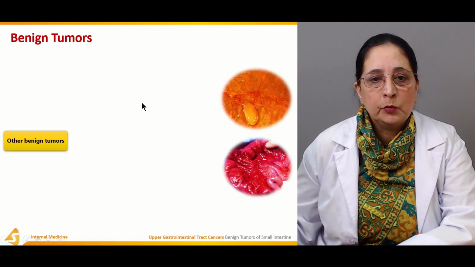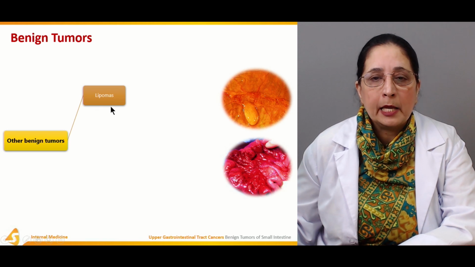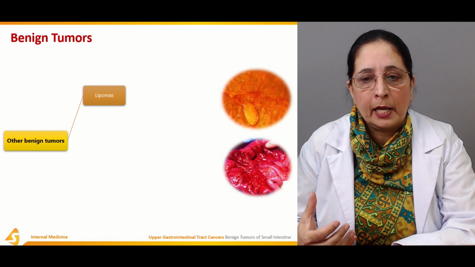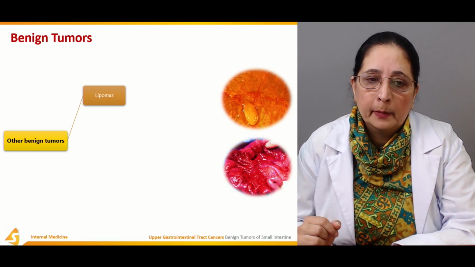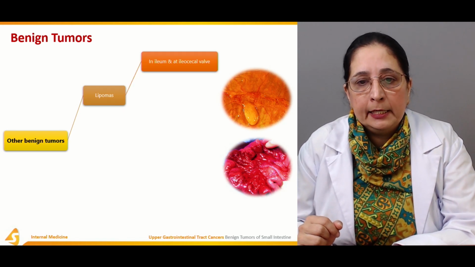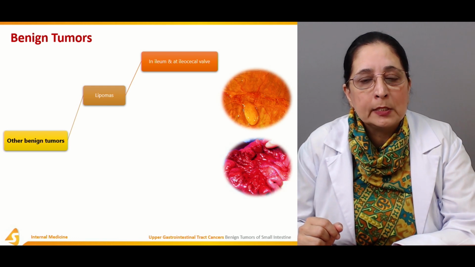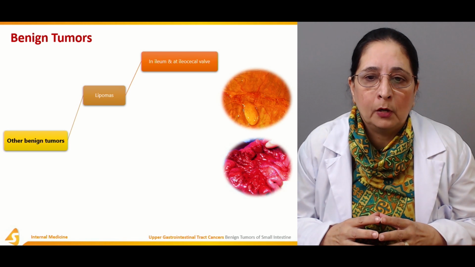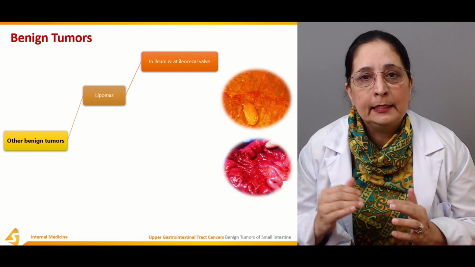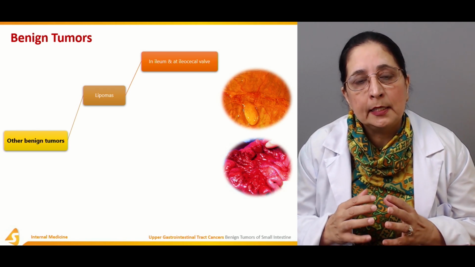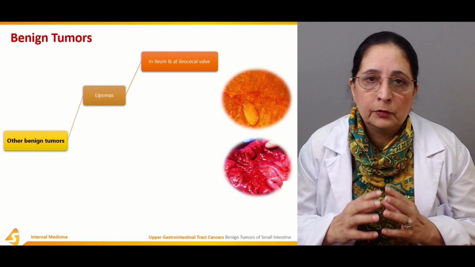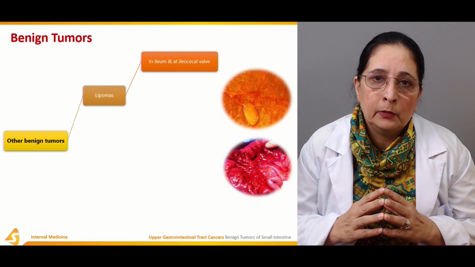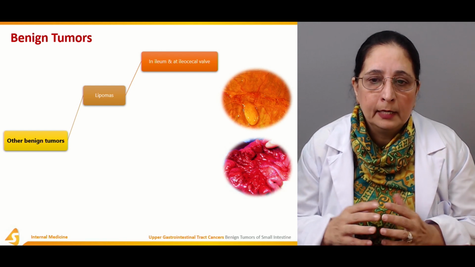Another benign tumor is the lipoma. Lipo is fatty tissue, so lipomas are present in the ileum and at the ileocecal valve. The ileum is the last portion of the small intestine, and at the end of the ileum there is the ileocecal valve. So lipomas are more common in the ileum and the ileocecal valve.